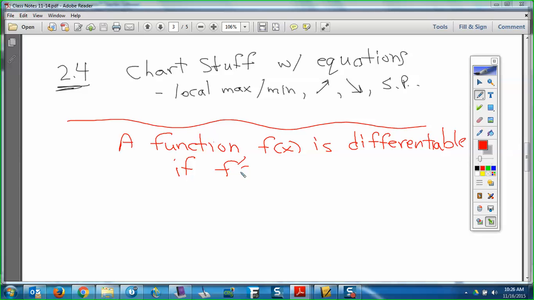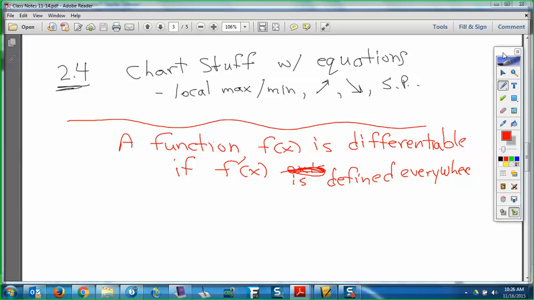if f prime of x is defined everywhere. Now, when is f prime undefined?